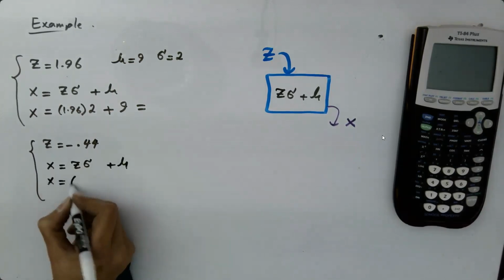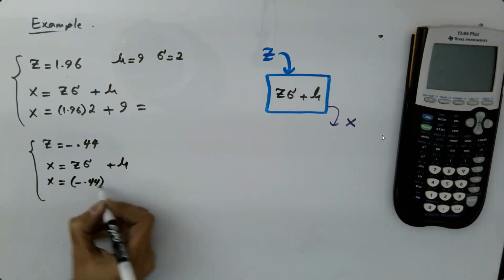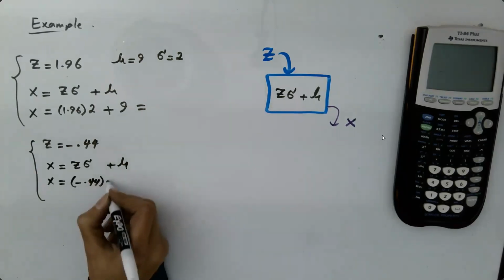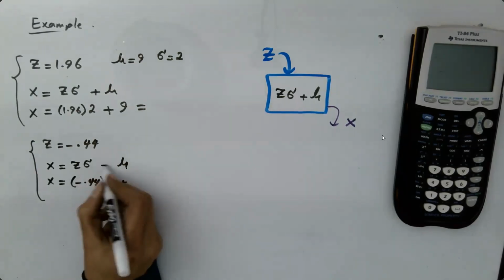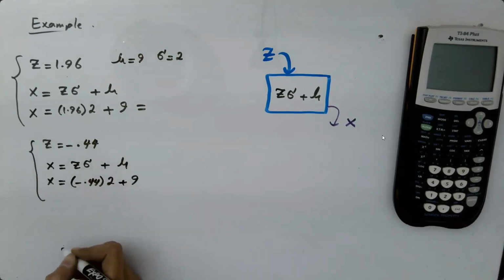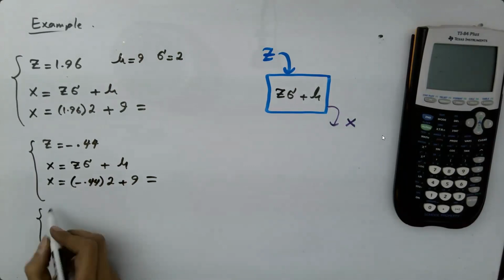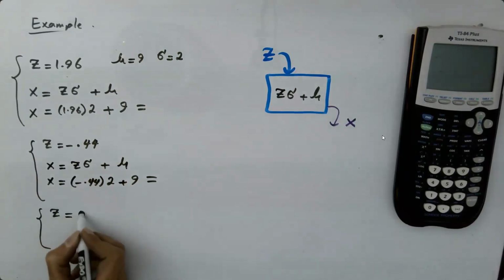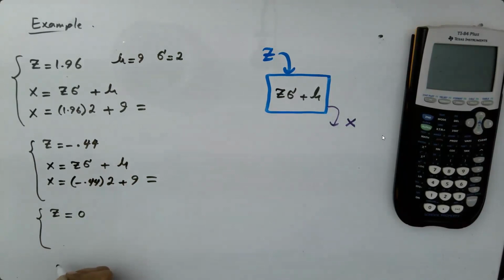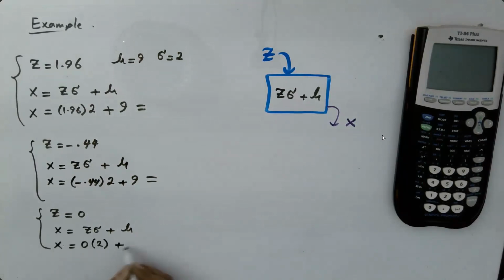X is negative 0.44 times sigma, which is 2, plus the mean, which is 9. What is my weight? And finally, the last cat with z equal to 0. What is the weight of that cat? X is z times sigma plus mean. So x becomes 0 times 2 plus 9.